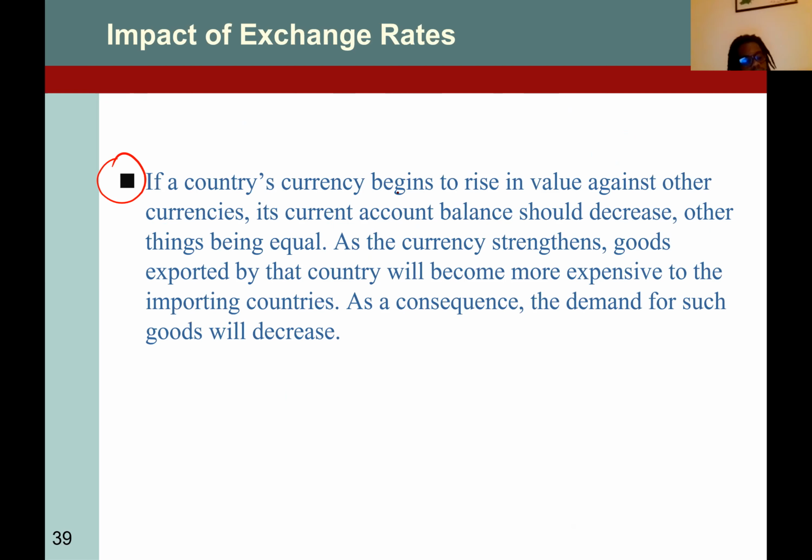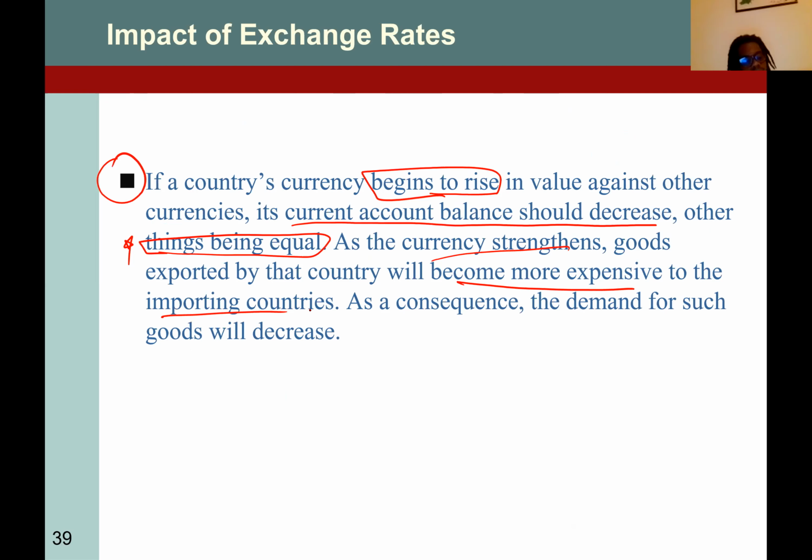If a country's currency begins to rise in value against other currencies, its current account balance should decrease, other things equal. We'll talk about this, other things equal. As the currency strengthens, the goods exported by the country will become more expensive to the importing countries. As a consequence, the demand for such goods will decrease.